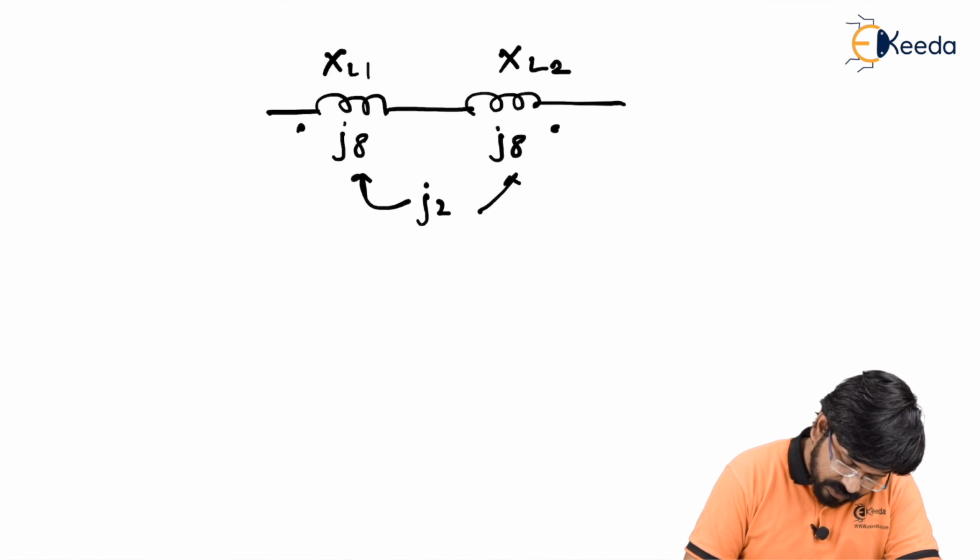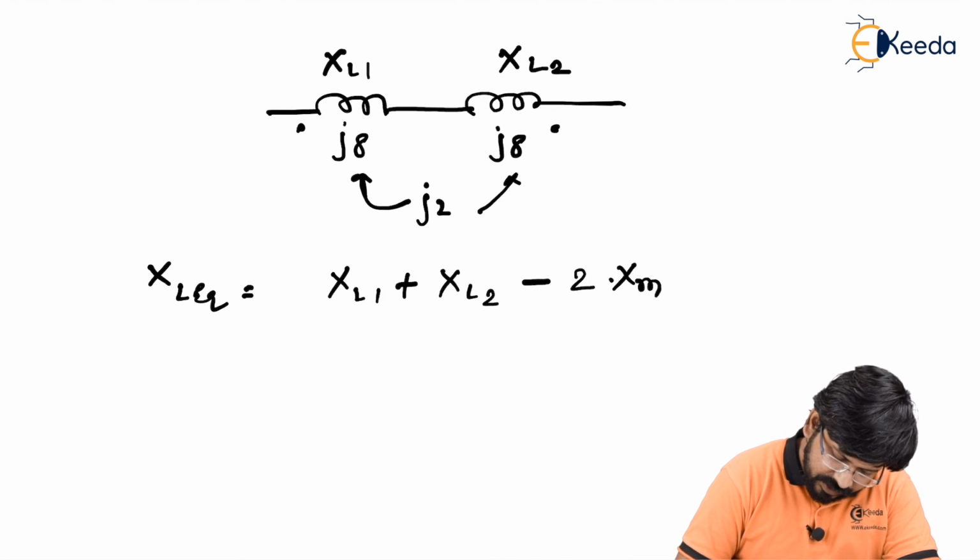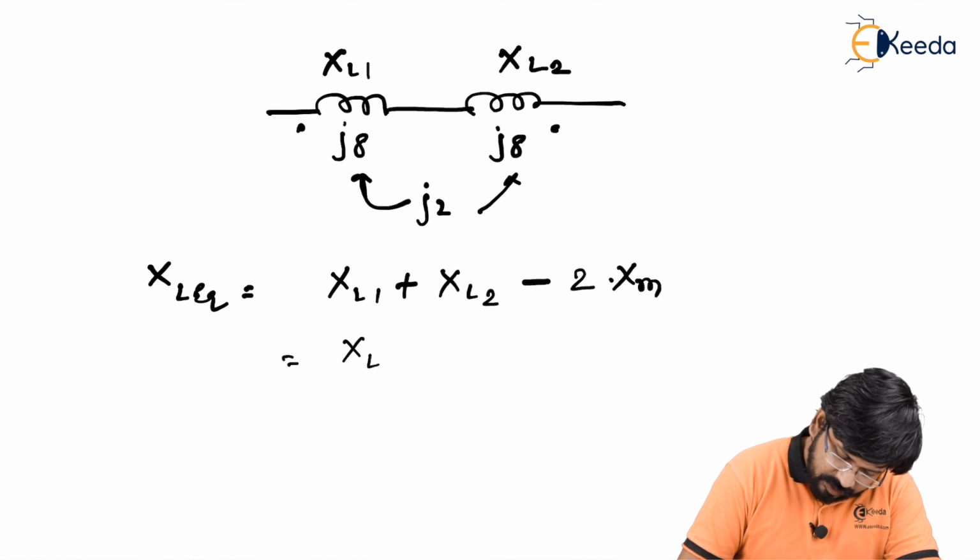Is that right? So XL equivalent in this case will be XL1 plus XL2 minus of twice of XM.